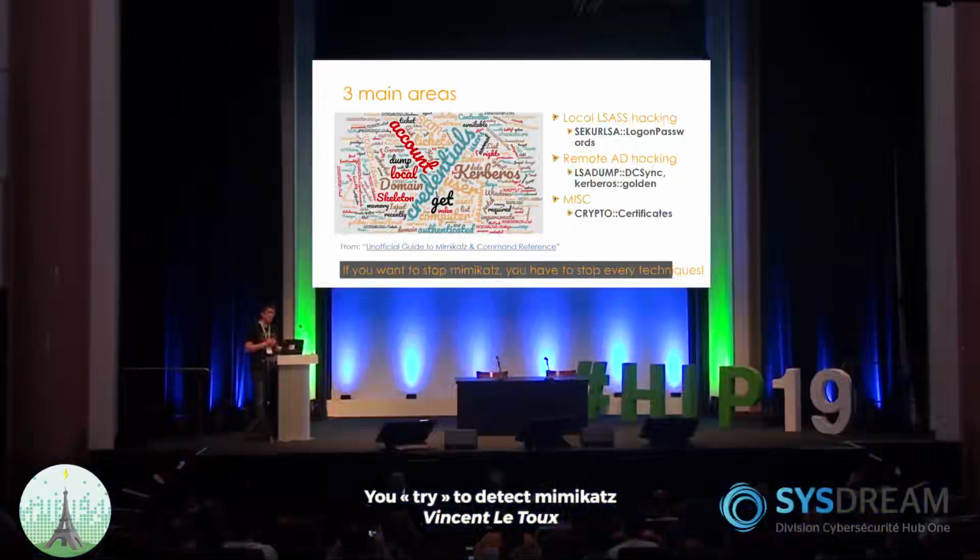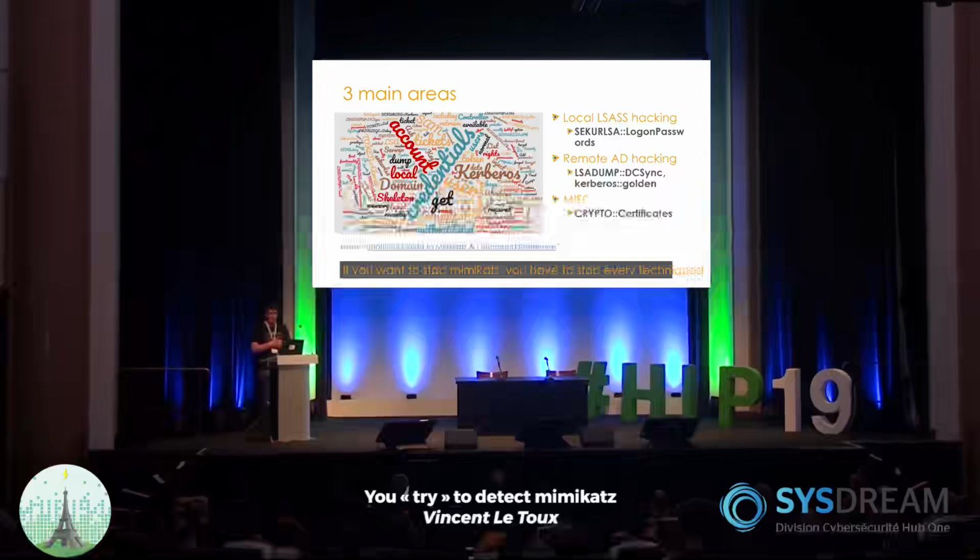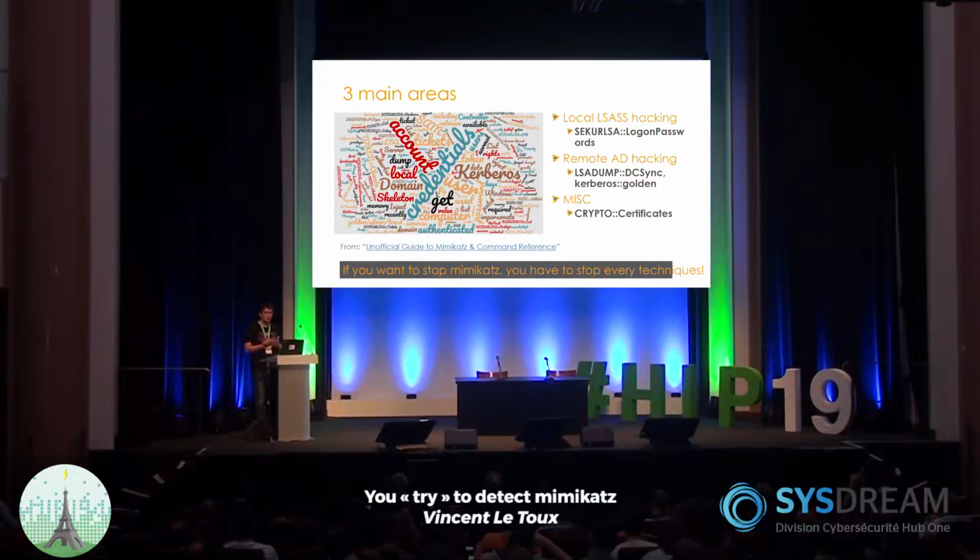So you have the DCSync attack, the golden ticket, and some other attacks. The last one is about many things Benjamin tried, for example accessing the private key of a certificate, or changing the background screen of a computer, a request of mine. So the difficulty is that if you want to stop mimikatz, you have to stop every technique.